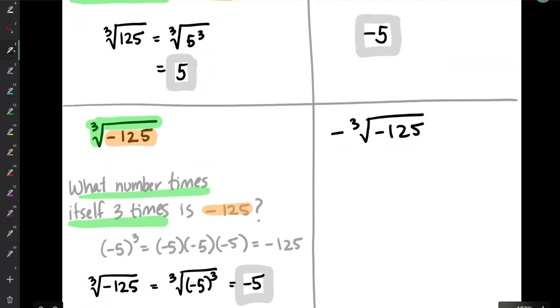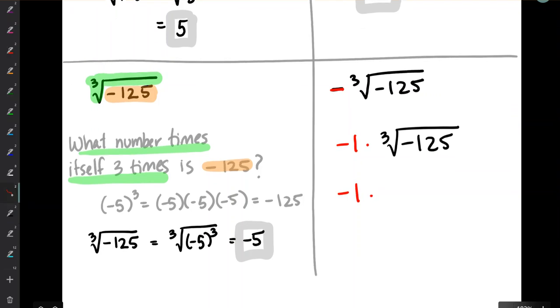Here, this negative on the outside is also a minus 1 times the cube root of minus 125. And we just found out that the cube root of minus 125 is minus 5. A negative times a negative is a positive. Answer, positive 5.